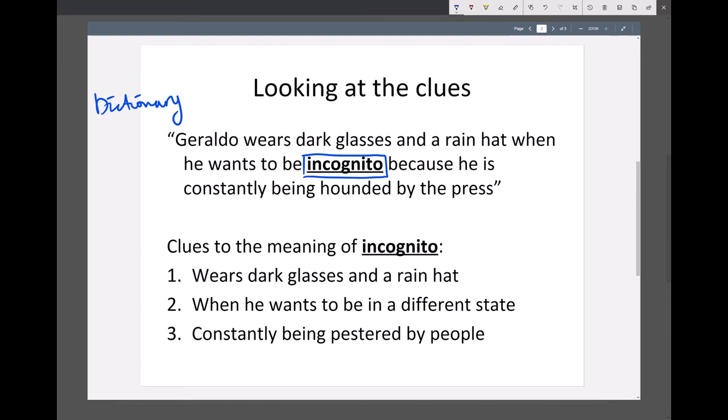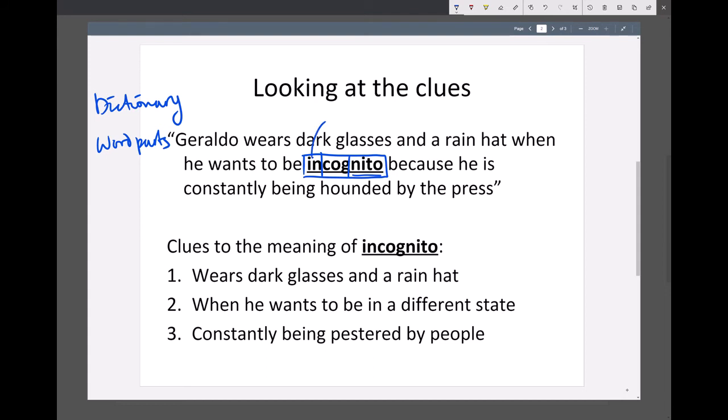However, if you want to use other ways of finding it, you can try doing word parts. So maybe in is a word part. There's cog, maybe, and then nito. So maybe in could mean something.